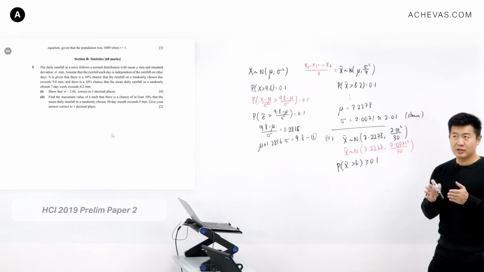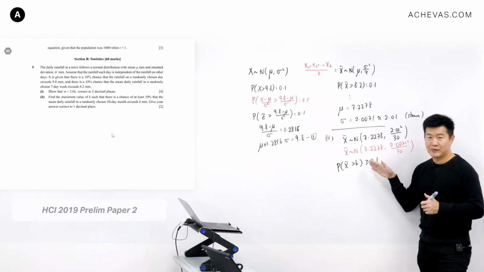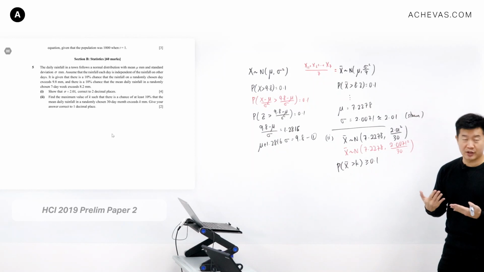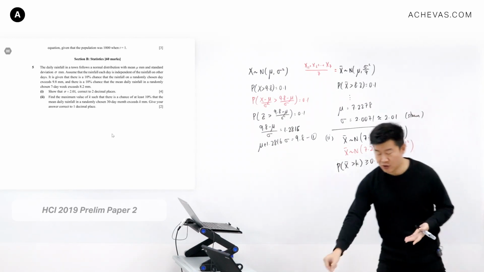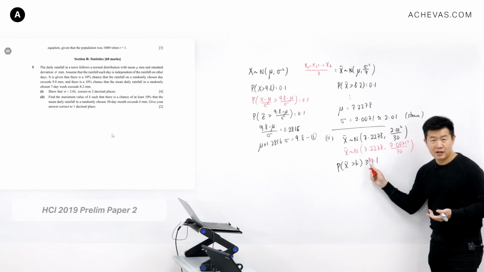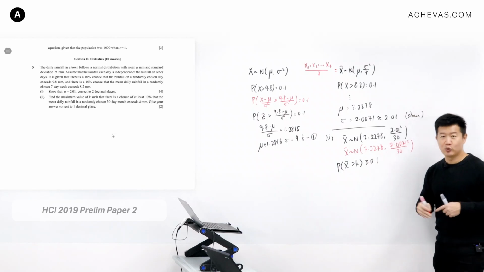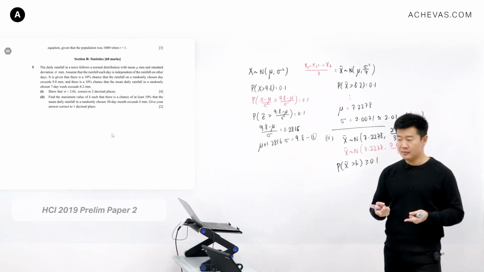And like what I've mentioned in the last session, this is the kind of inverse norm that you cannot do on your calculator because your calculator cannot handle an inequality sign here. Your calculator can only handle equal to, that's all. So we need to do an improvisation.